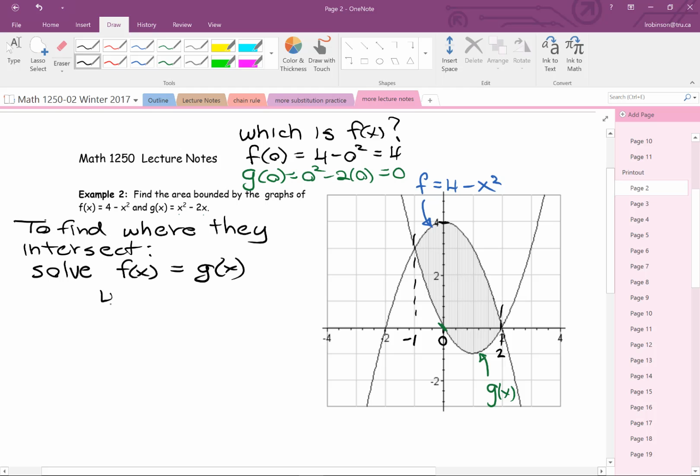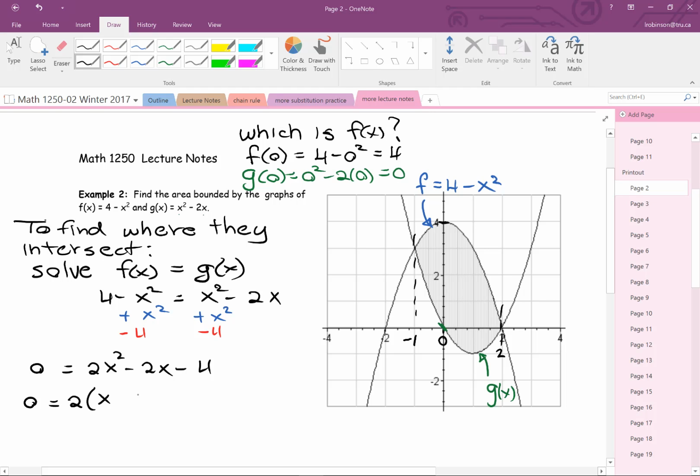So in this case, that would be 4 minus x squared equals x squared minus 2x. It looks like it's going to be a quadratic, so we could add x squared to both sides and subtract 4 from both sides. That would give us 0 equals 2x squared minus 2x minus 4.